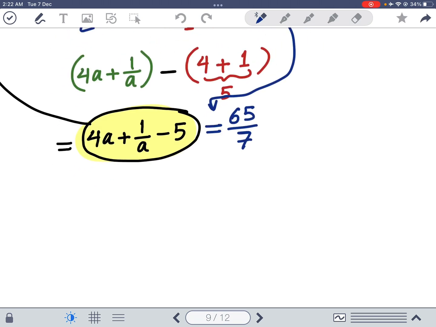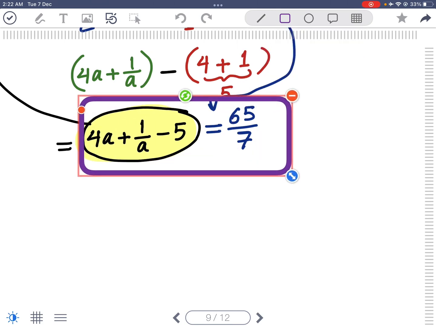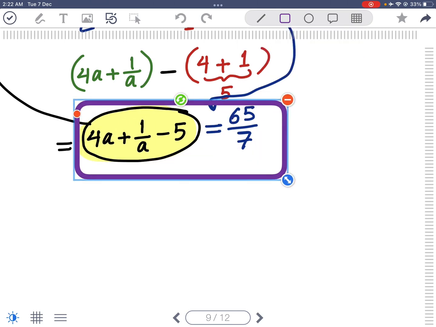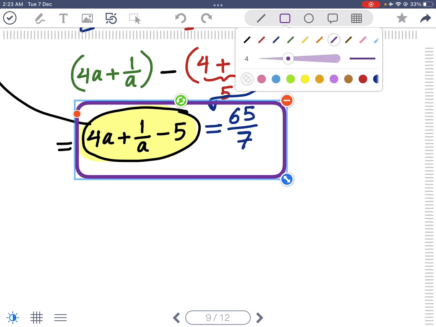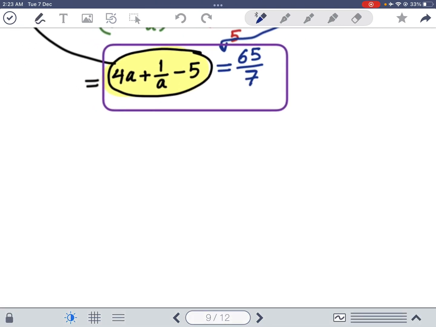So to solve this, let me put the equation inside a rectangle so you see it clear. You have this equation to solve: find a from this equation. Let's see how to do it.